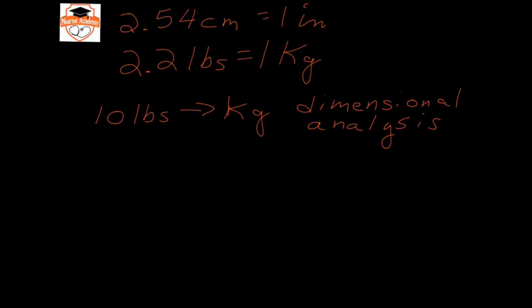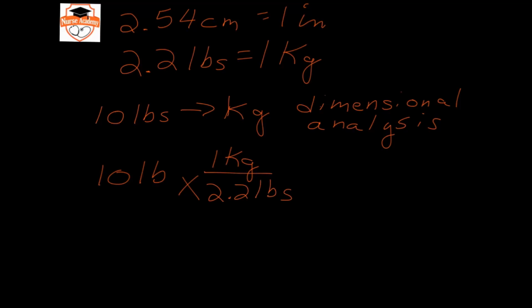To do 10 pounds converted to kilograms, we would first write the information that we were given. So we were given that we have 10 pounds, and then we're going to use our conversion factor that we have: 2.2 pounds equals 1 kilogram. And since we're trying to get into kilograms, our kilogram number is going to go on top. And since the units that we started with are pounds, and we need to get rid of those units, we would take the pound conversion number and put that on the bottom.